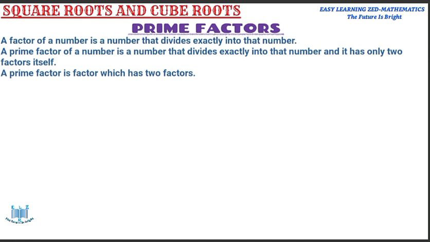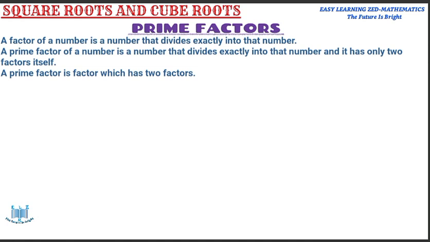The other example I can give you is if I have 6 and 3. 3 can go into 6 without leaving a remainder. 3 also has only 2 factors. 3 can go into 6, but 3 also has only 2 factors. 3 is a factor of 6 and it has 2 factors.